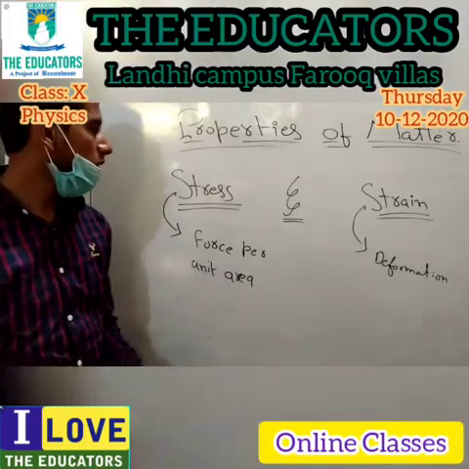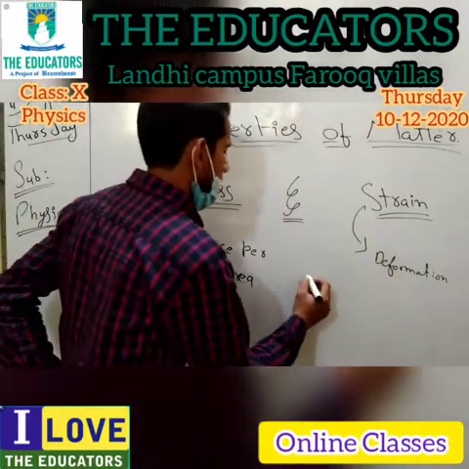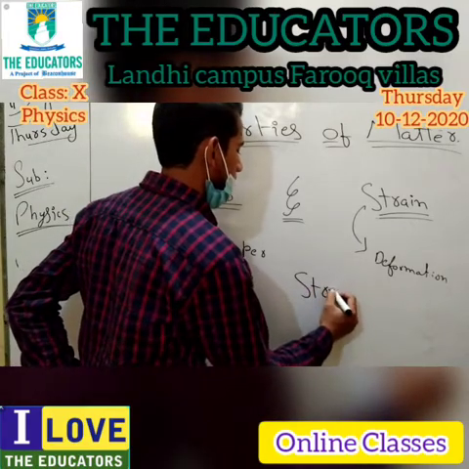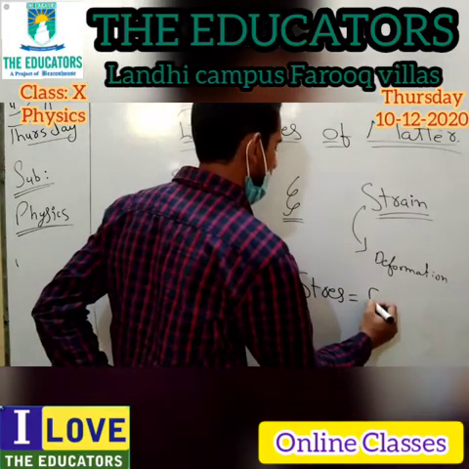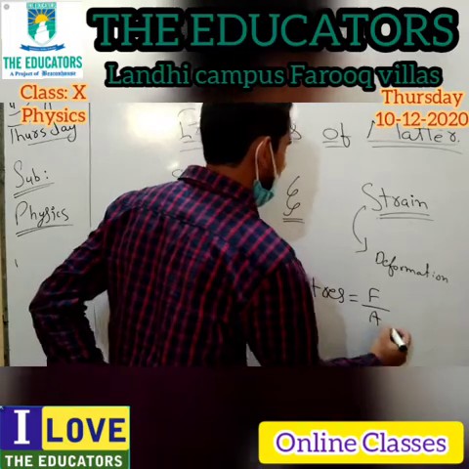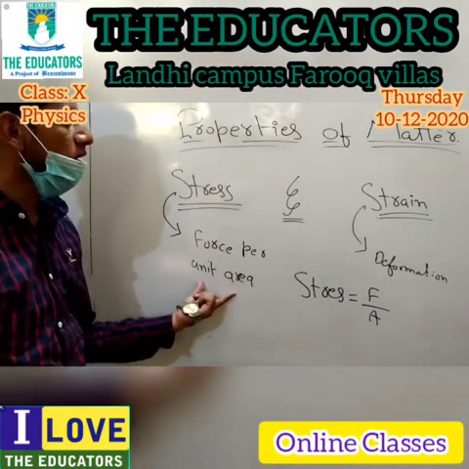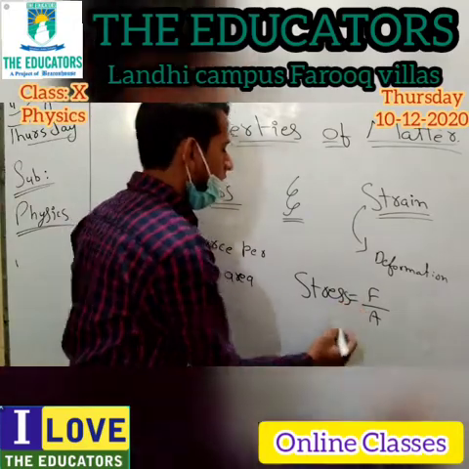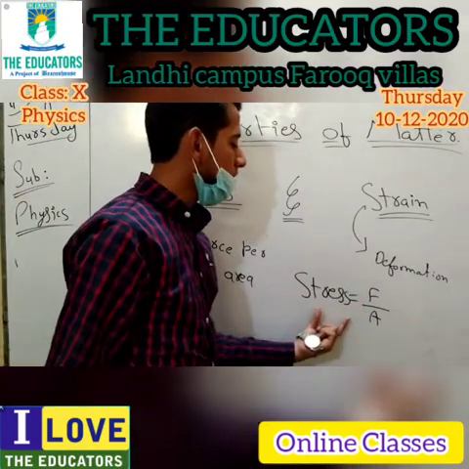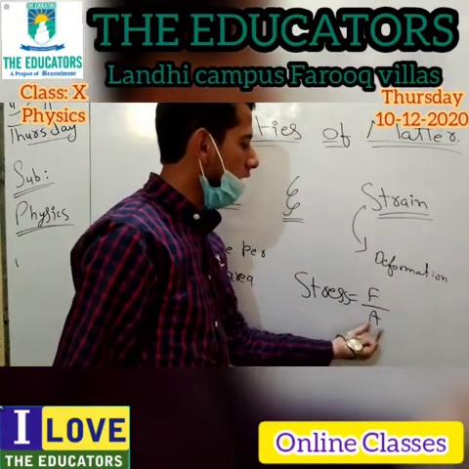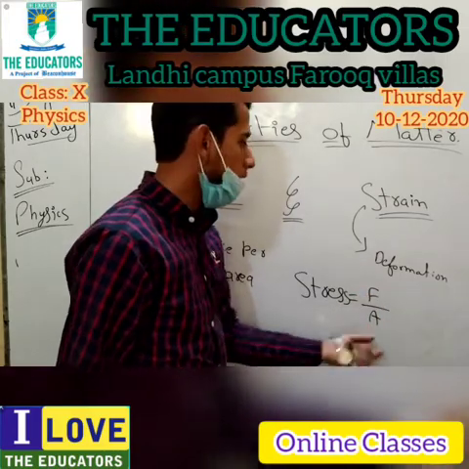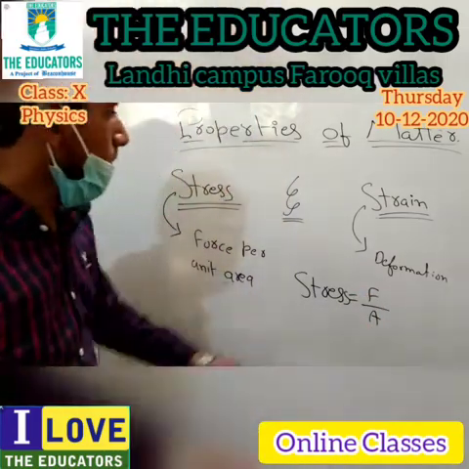Now the formula for stress is force per unit area. As I mentioned earlier, stress is nothing but force per unit specific area. So we will write it in mathematical form as stress equals F upon A, where F means force and A means a certain area. Now I'm moving to strain.